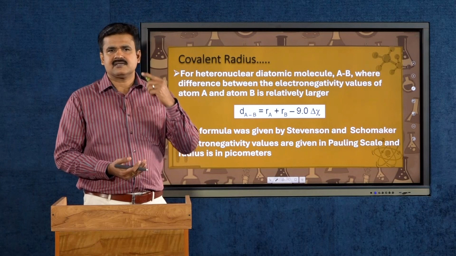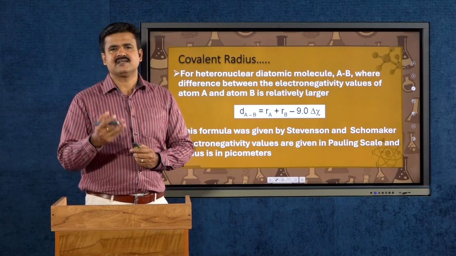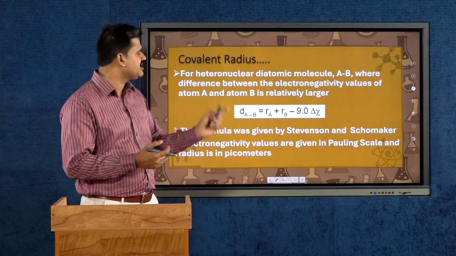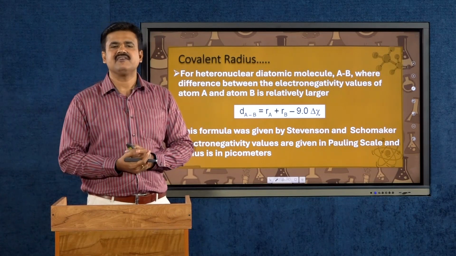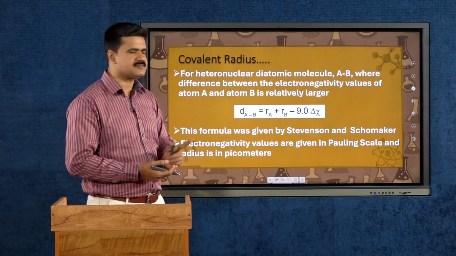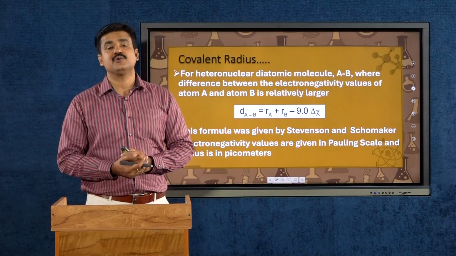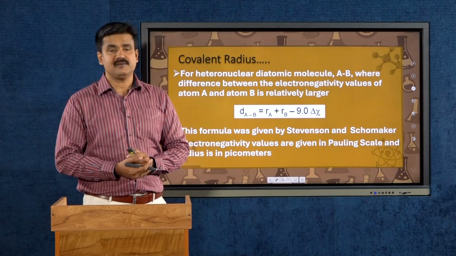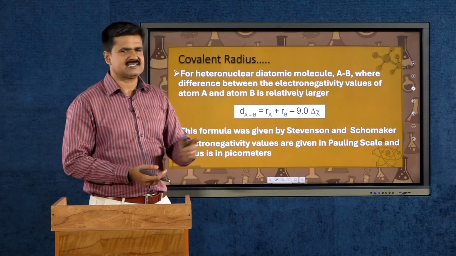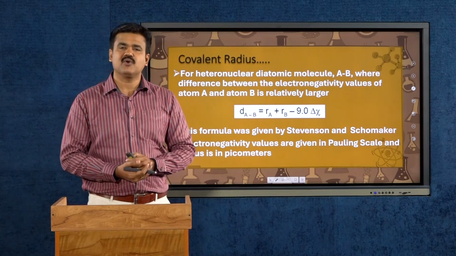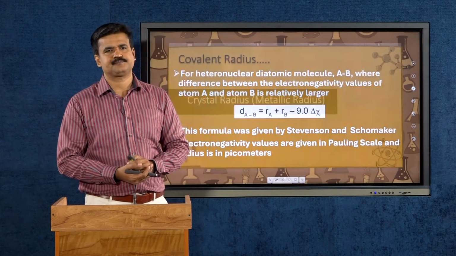The electronegativity values are given by the Pauling scale, and it should be noted that in this expression the radius must be in units of picometers. 1 picometer equals 10 raised to minus 12 meter. So, all the distances are in picometer, and chi must be in Pauling scale of electronegativity.